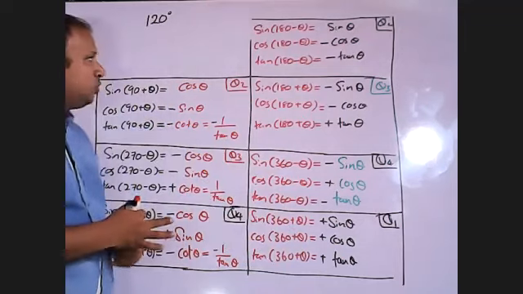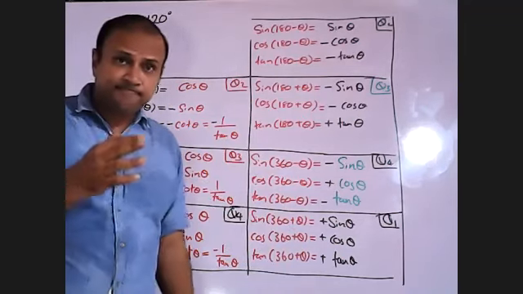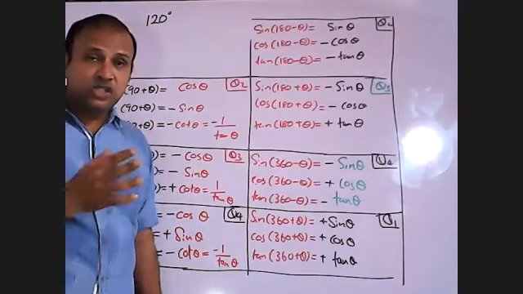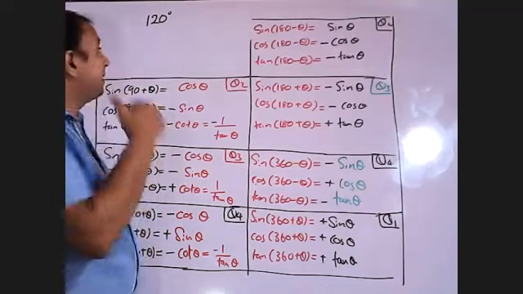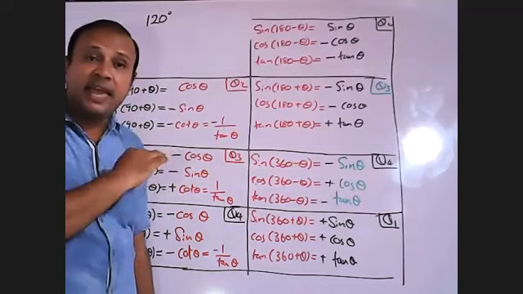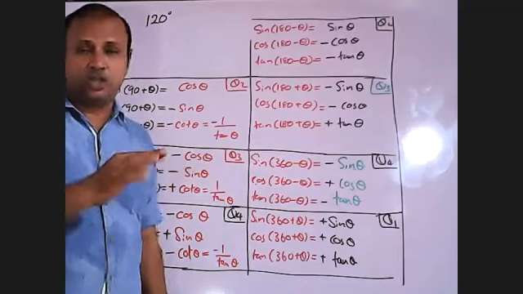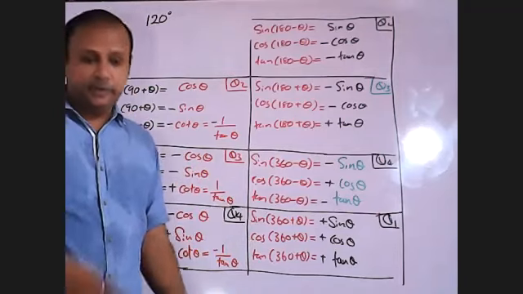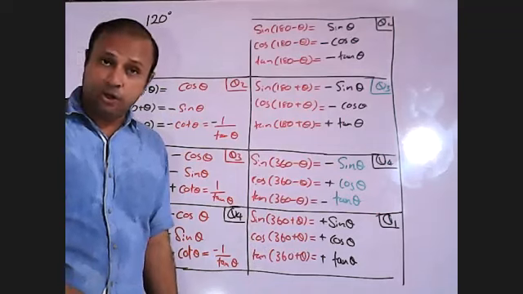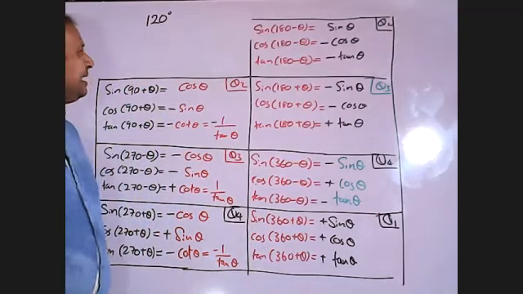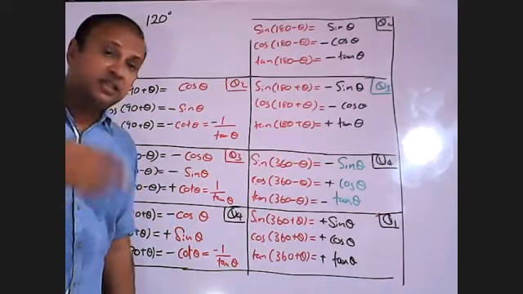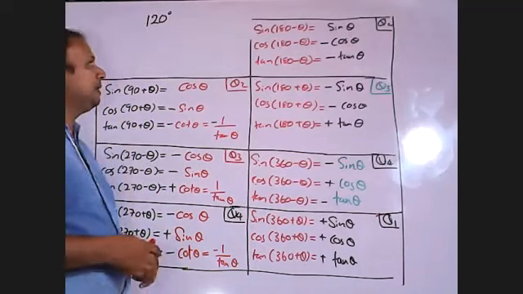Once you are given an angle, the first step you should do is write this angle as an addition or subtraction between an acute angle and an integral multiplication of 90. Integral multiplication of 90 means 90, 180, 270, 360.